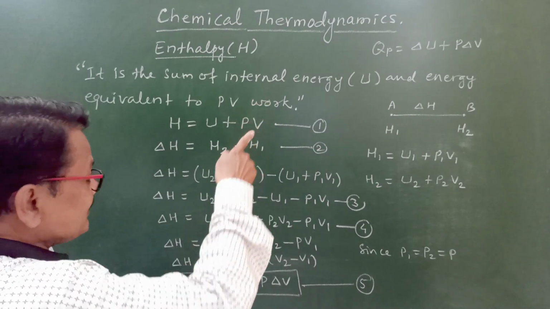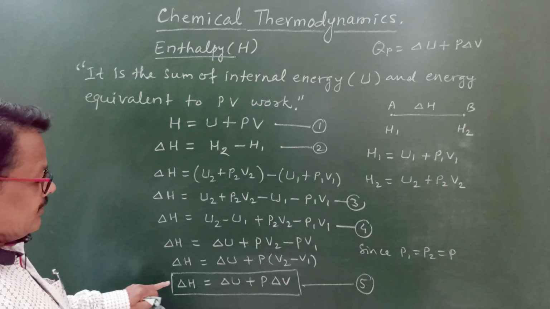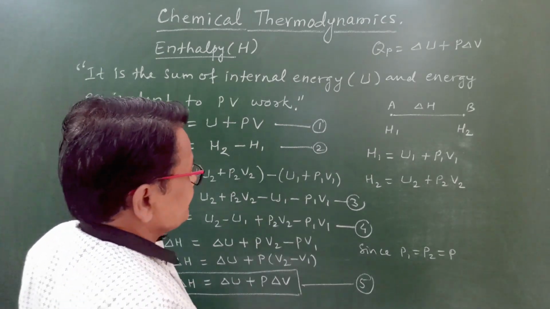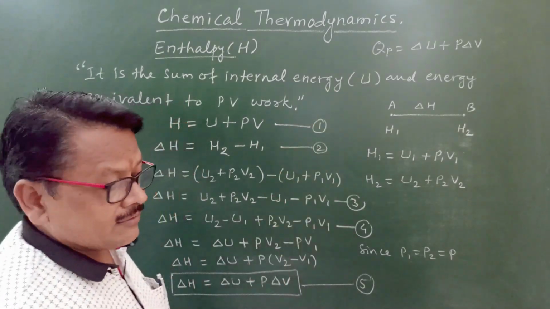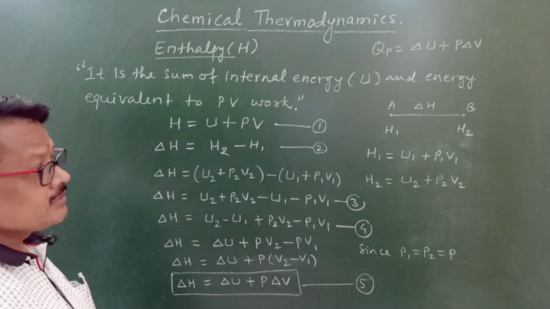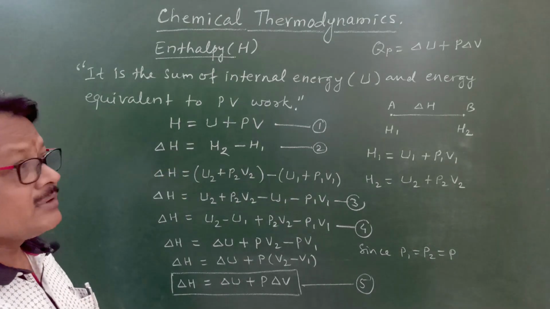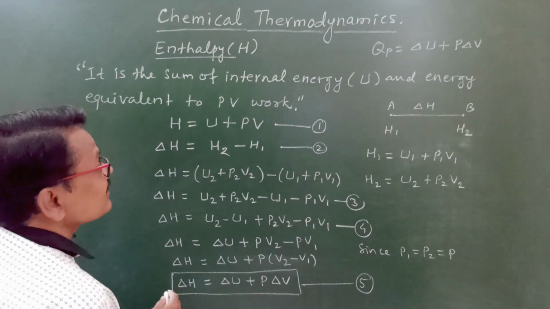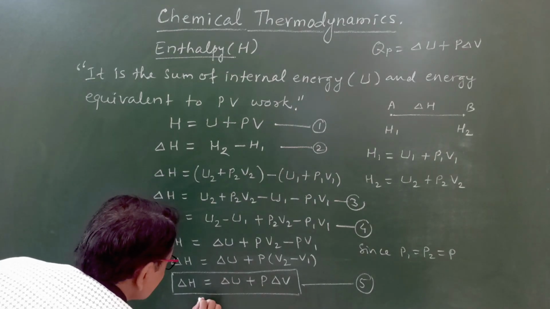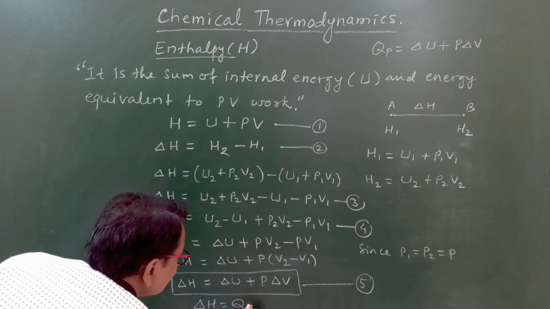By comparing that equation with this equation 5, we observe that the right hand side of that equation and the right hand side of this equation 5 are the same. Therefore, the left hand sides can be equated. So from that we can write delta H is equal to QP.